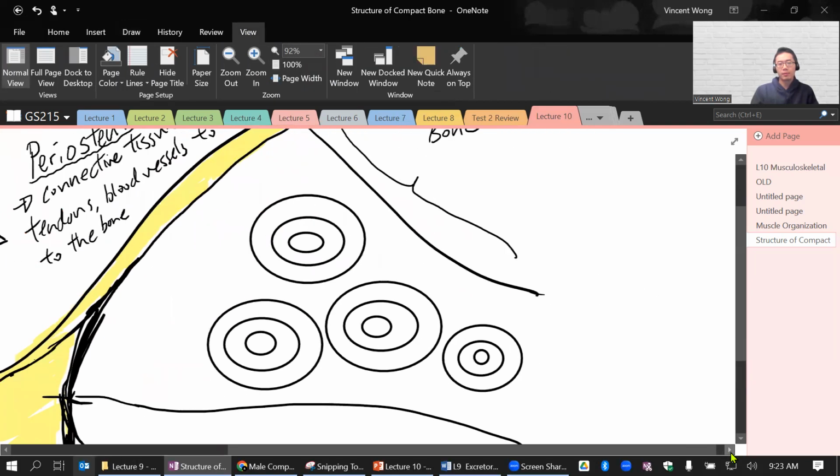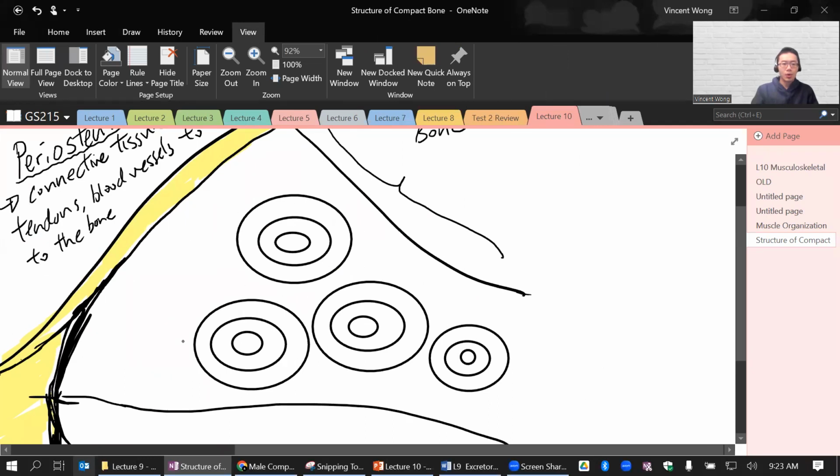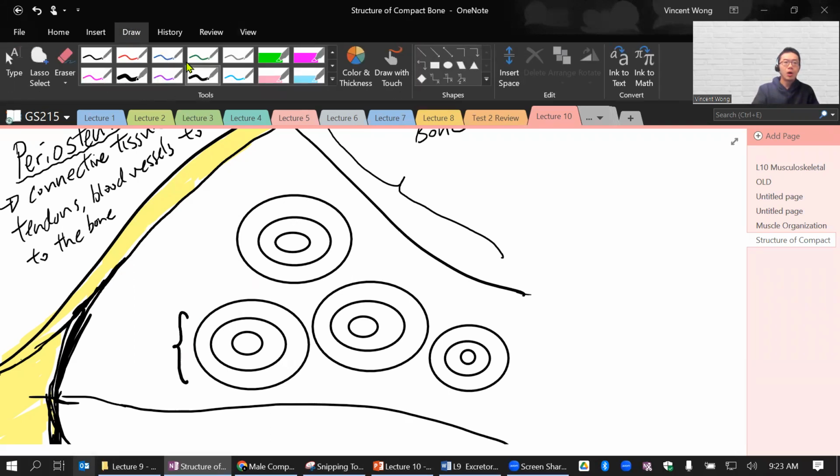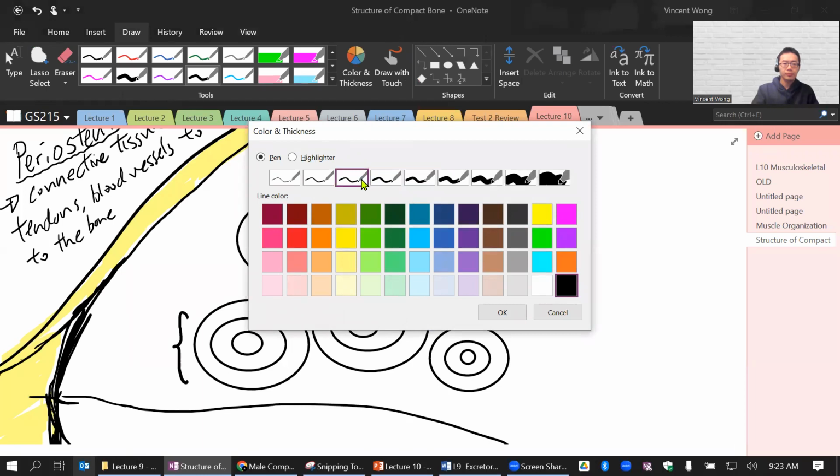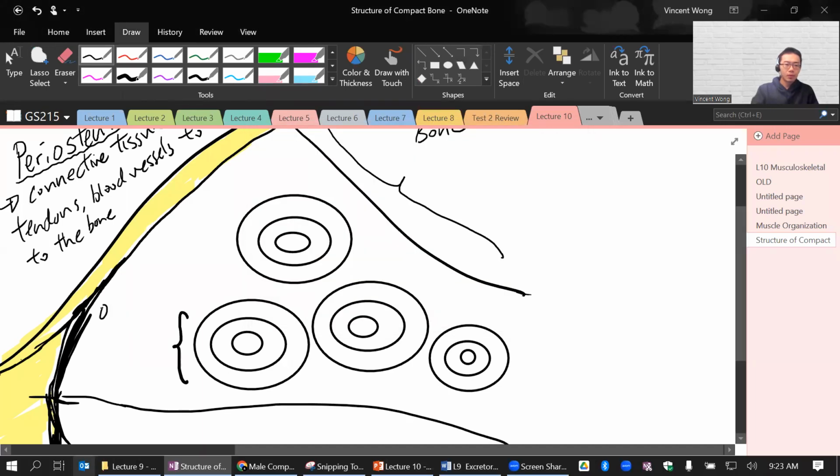So one of these things is called an osteon, and it is the structural unit of compact bone.